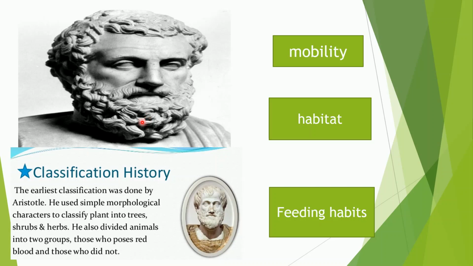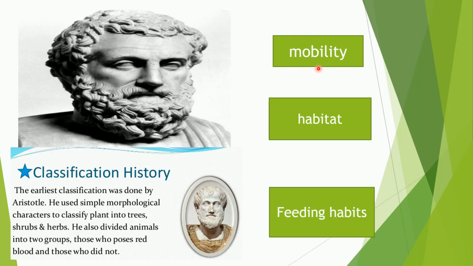But when we talk about Aristotle, who existed before Christ, the information about the various life forms was limited. So the basis he took for classification was very simple. And what were those key features he took into consideration?